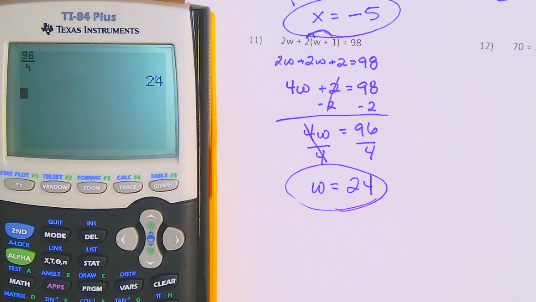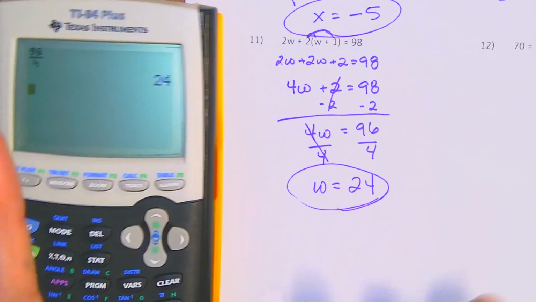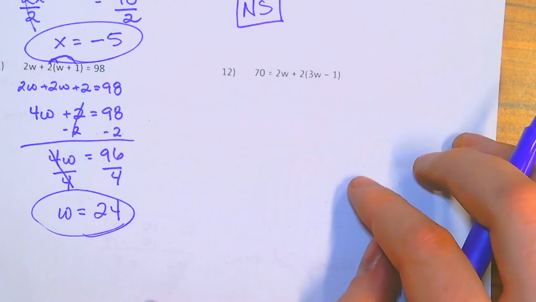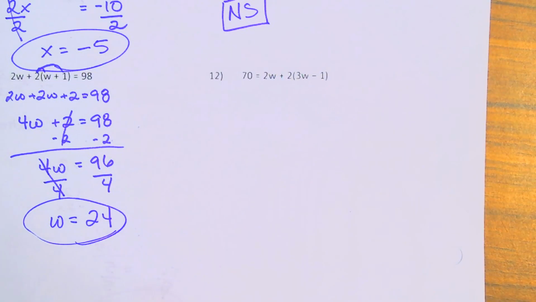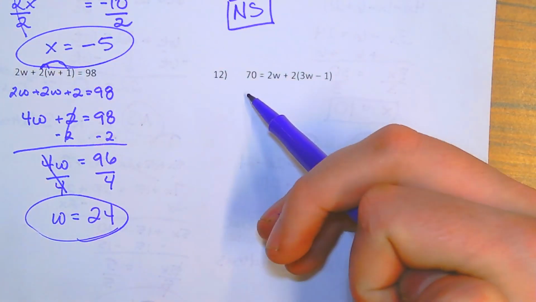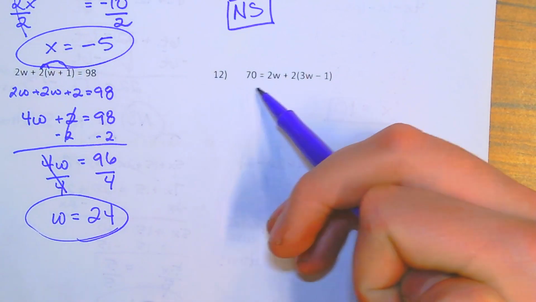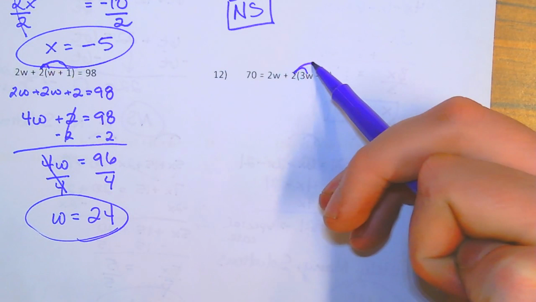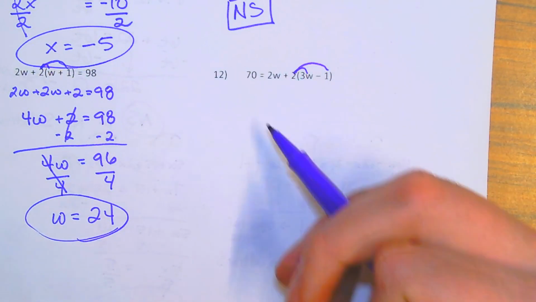All right. Our next problem now is going to be this one right here. 70 equals 2w, or 2w. That looks better. The calculator kind of makes it a little bit fuzzy. 70 equals 2w plus 2 times 3w and 2 times a negative 1, right?